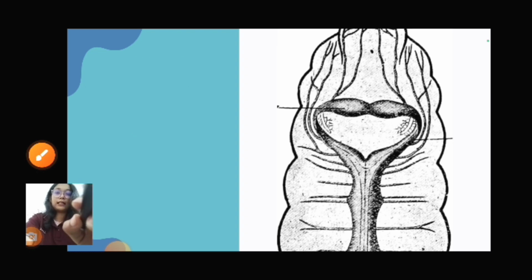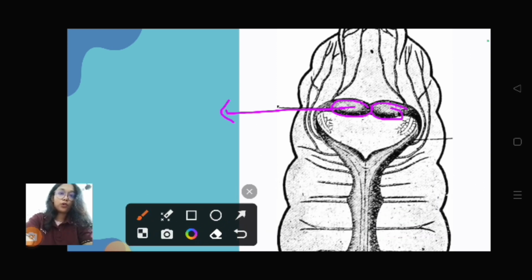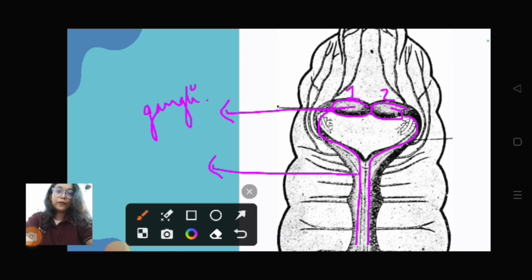Let's see the diagram. These are the ganglia. These are paired ganglia, 1 and 2. Okay. Paired ganglia are present which are connected to the double ventral nerve cord. This one and this one. This is the double ventral nerve cord. This is the ganglia. Paired ganglia.